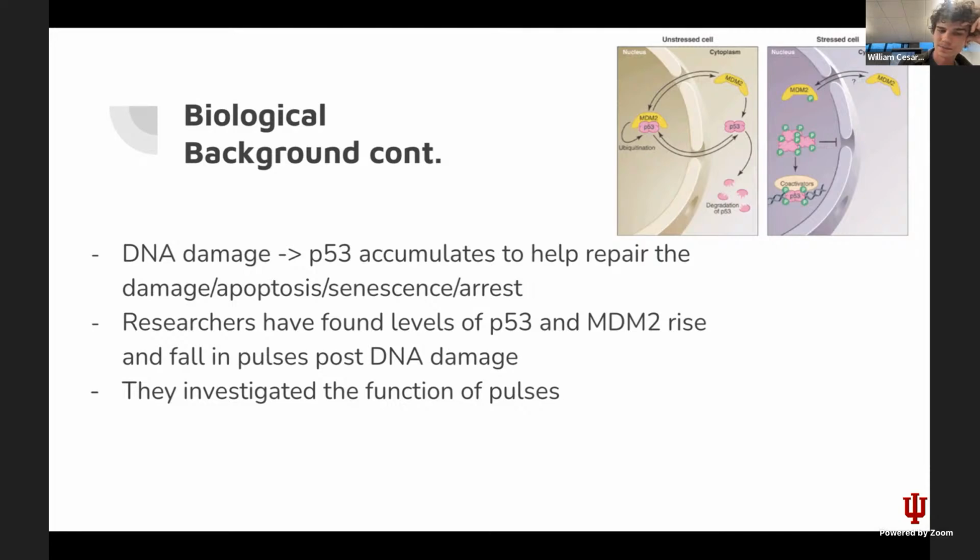And they wanted to know why these pulses occurred, what caused these pulses.